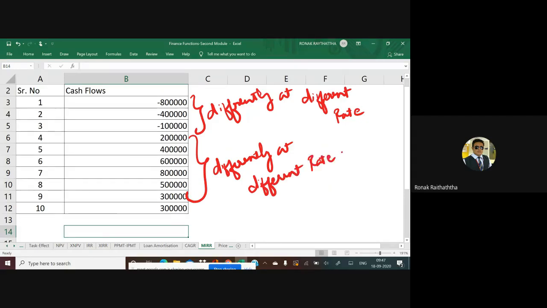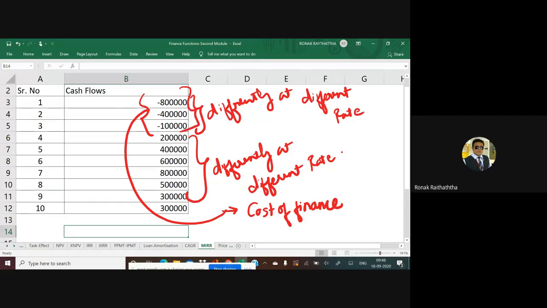So here we require two types of rate. One rate is the cost of finance. Now, cost of finance will be applicable to what? It will be applicable to the cash outflows. And another rate we require is the reinvestment rate, or we can call it IRR. And that will be applicable to what? That will be applicable to the cash inflows.